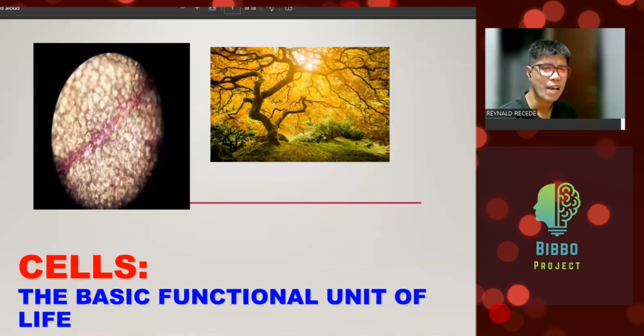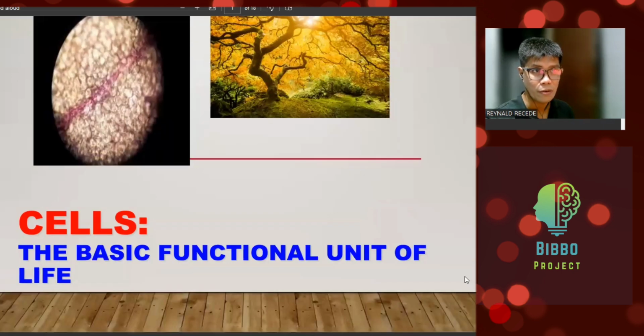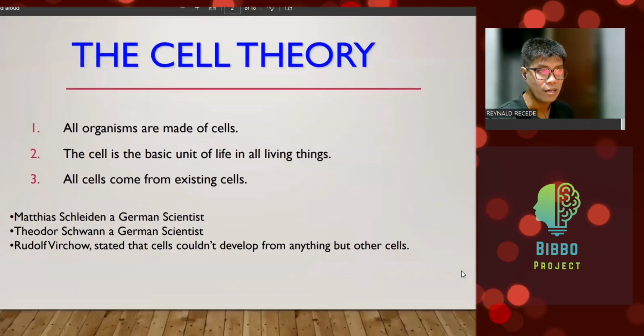So, sinasabi ng mga eksperto na ang cell is the basic functional unit of life. It's the basic functional unit basically because of the following, which is stated in a theory. And this is what you call the cell theory. Ang sabi daw, all organisms are made up of cells.